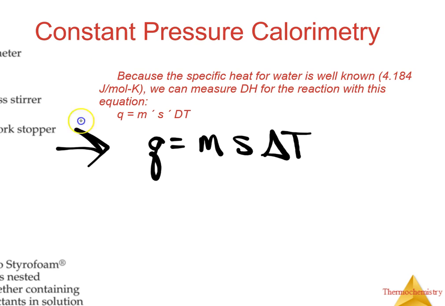All right, I already said this, but because the specific heat for water is well known, which is 4.184 joules per gram Kelvin, we can measure delta H for the reaction with this equation. Q equals m s delta T, as written here. Heat is equal to the mass of the solution times the specific heat times the change in temperature.